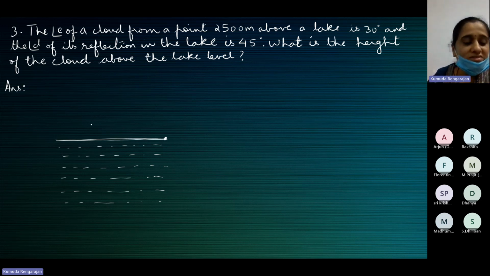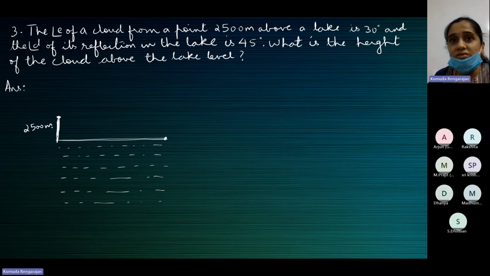So the position of the observer is 2,500 meters above the lake. There's a point 2,500 meters above a lake. From that point, when you look at the cloud, the elevation is 30 degrees.